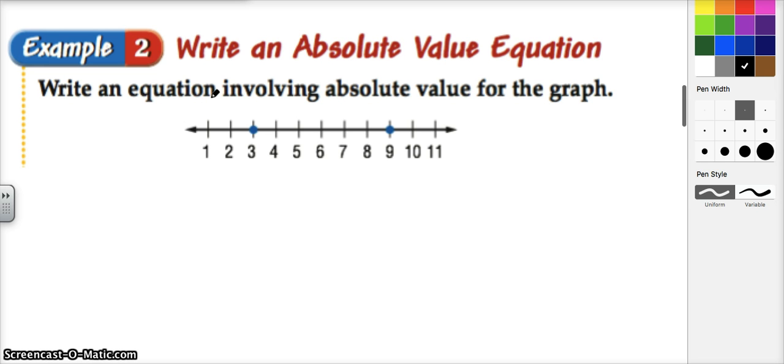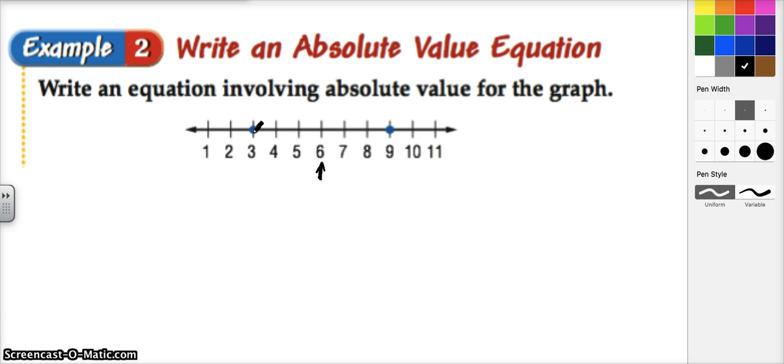So write an equation involving absolute value for the graph. Okay, so we're not doing inequalities yet. We're still thinking about equations. So remember, absolute value refers to distance. In this case, these are a little tricky, but just check out what I'm doing.